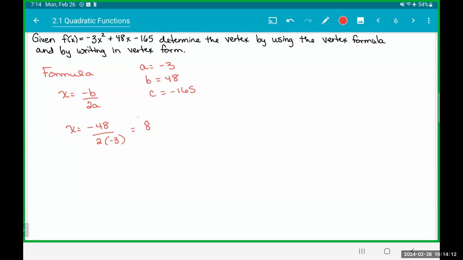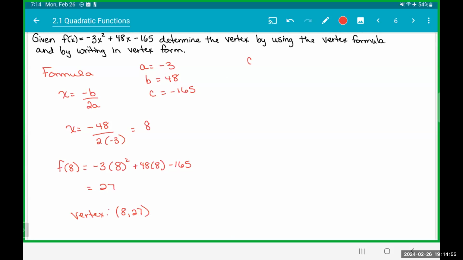Now I plug that back into my function, evaluating at 8: negative 3 times 8 squared plus 48 times 8 minus 165. When I simplify that, I get 27. Therefore, my vertex is 8, 27.